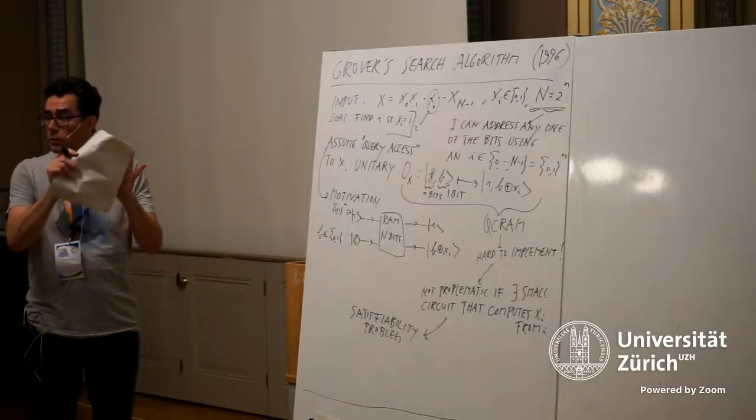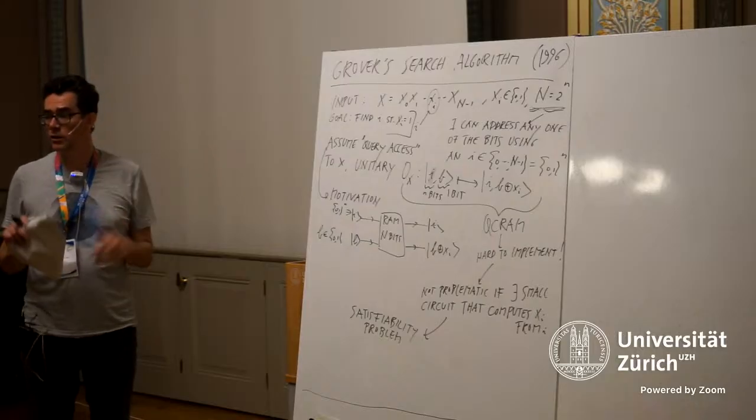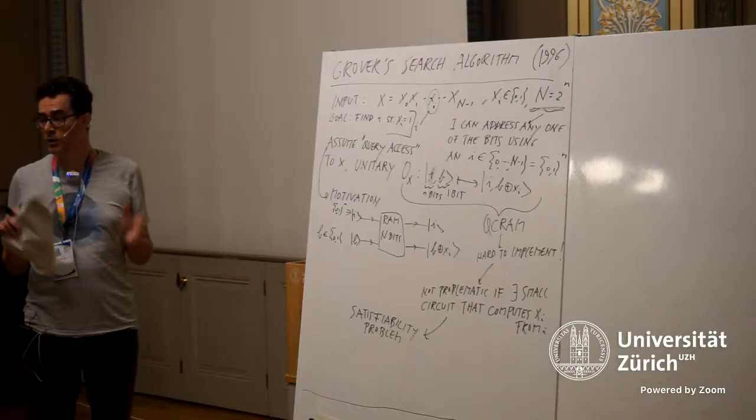If you have an unsorted search space with one needle in a haystack and the haystack is size capital N, you're going to have to look at a big chunk of this haystack to find your needle.